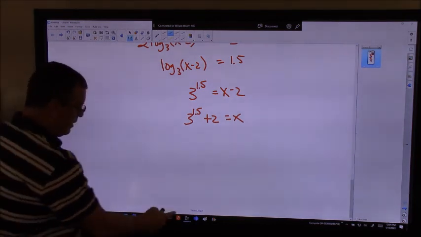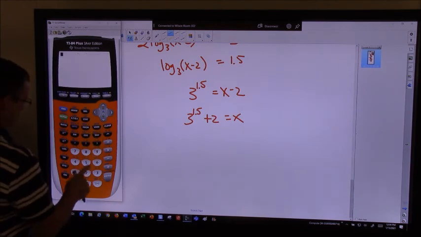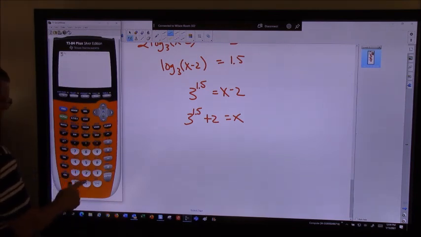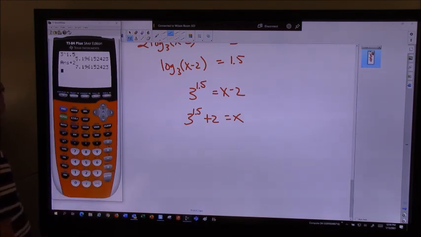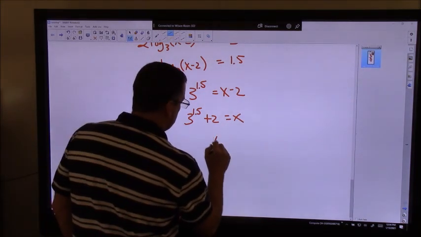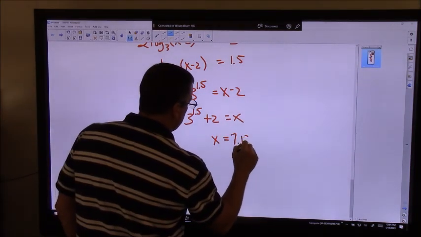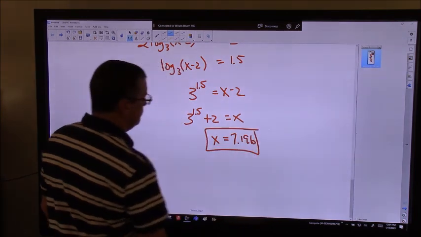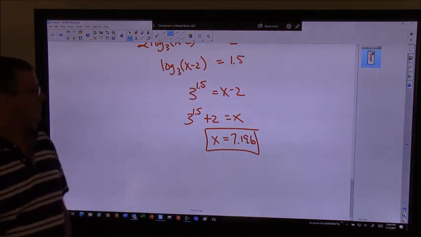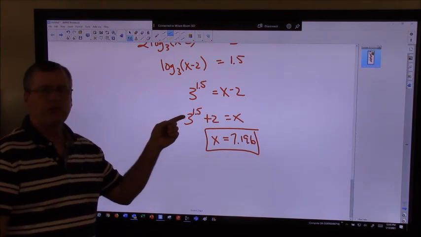If I want a decimal answer, then I'm going to go 3 raised to the 1.5, equals, and then plus 2. 7.196. If Central Washington says give me an exact answer, well then I'm just stopping right there.